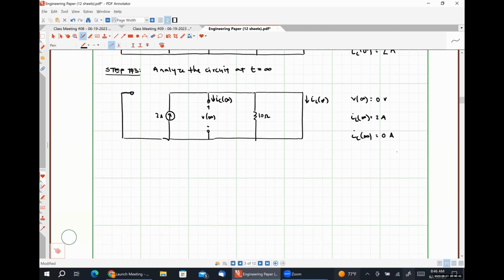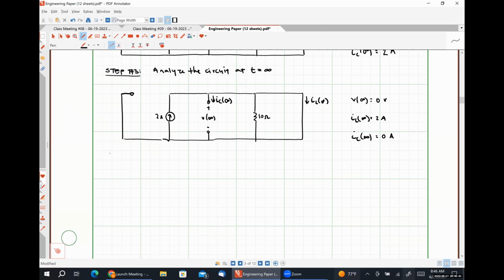So our next step is we are going to calculate alpha and omega naught and determine what type of response we have.